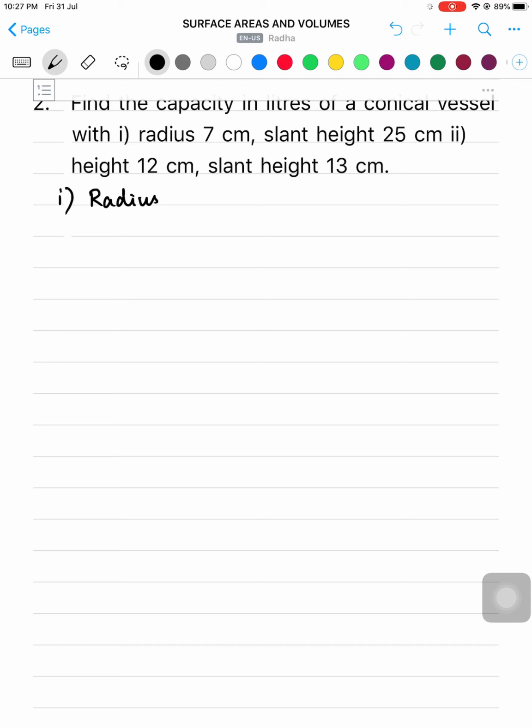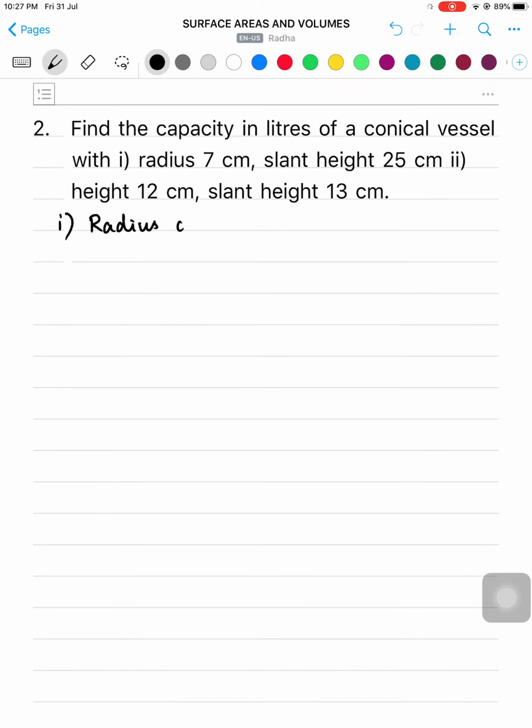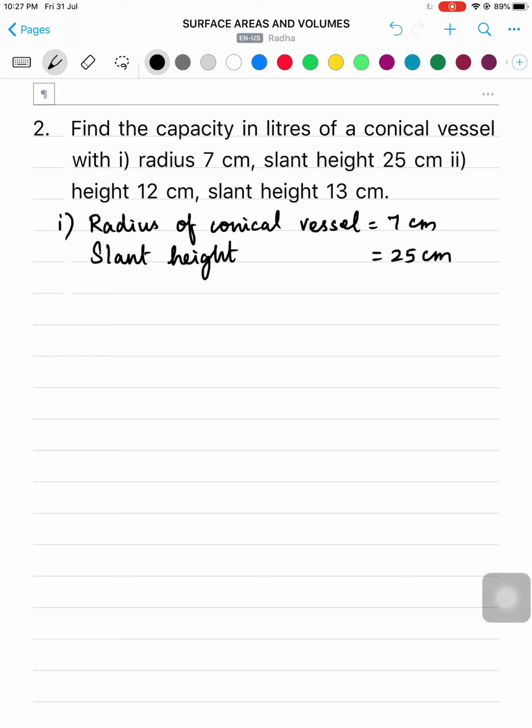The radius of the conical vessel is given as 7 centimeter and its slant height is given as 25 centimeter. They are asking you to find the volume. So, for that we need the height.